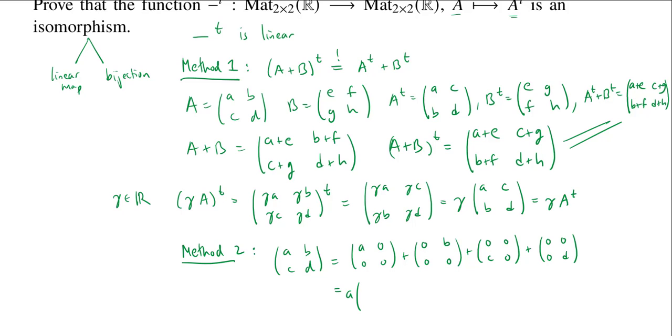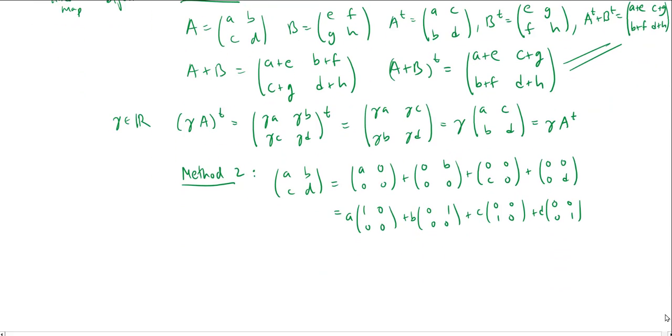So I get A times 1, 0, 0, 0, plus B times 0, 1, 0, 0, plus C times 0, 0, 1, 0, plus D times 0, 0, 0, 1. You might recall in class I mentioned a few times, we had names for these. The first one was E11, this next one is E12, this is E21, and the final one is E22.